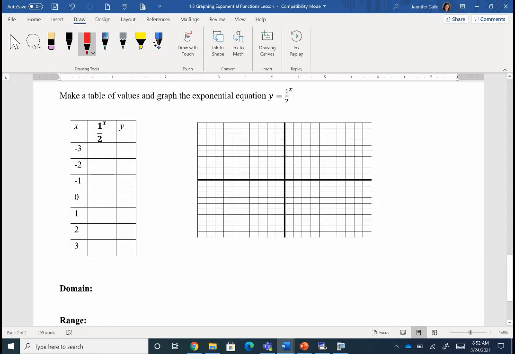But just so you're aware what the calculator is doing to get those y values, this would be 1/2 to the -3rd. This would be 1/2 to the -2nd. We're just replacing the x in the equation with the x that's listed.